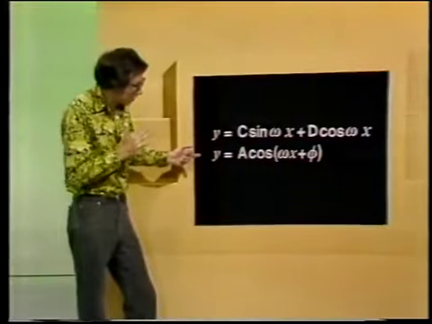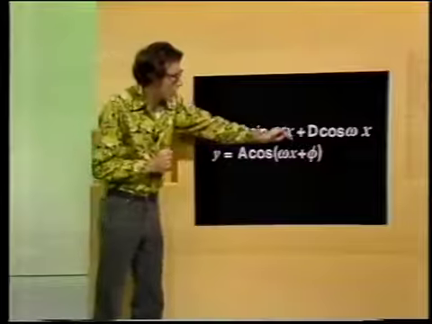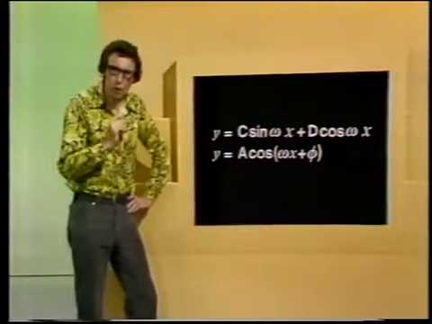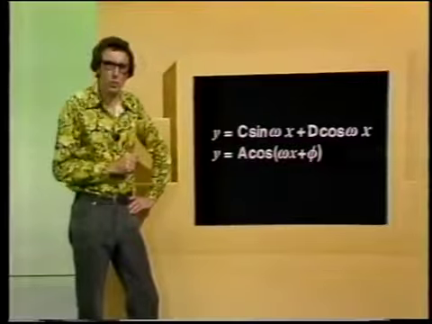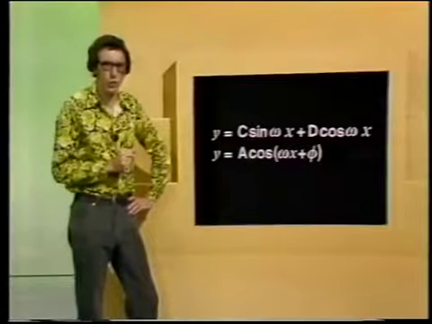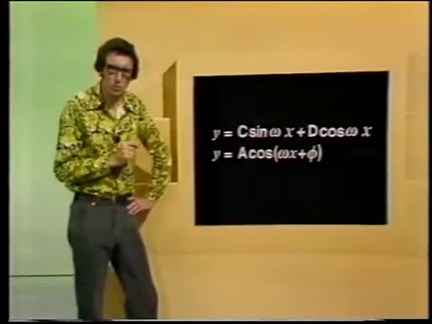With the general solution written in this form, the arbitrary constants are a and phi. Note that the value of omega is fixed by the differential equation itself, but the values of a and phi are not. Whatever value they have, that's still a solution.